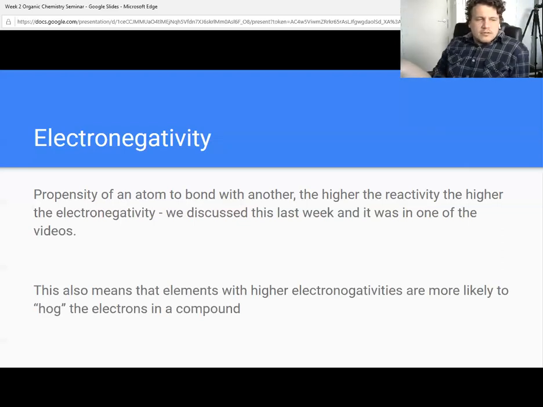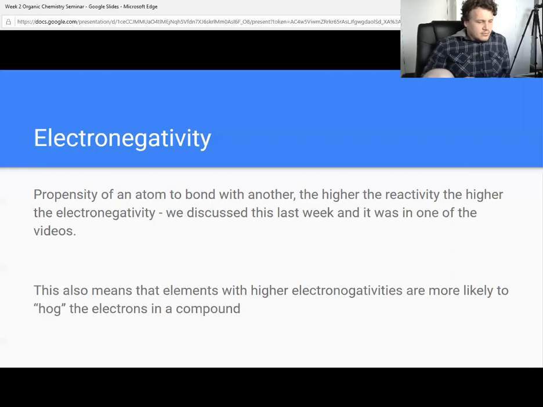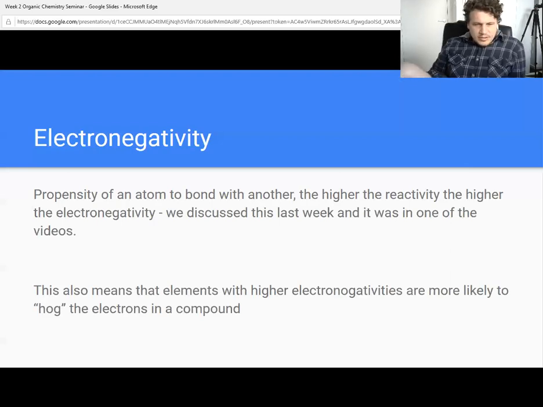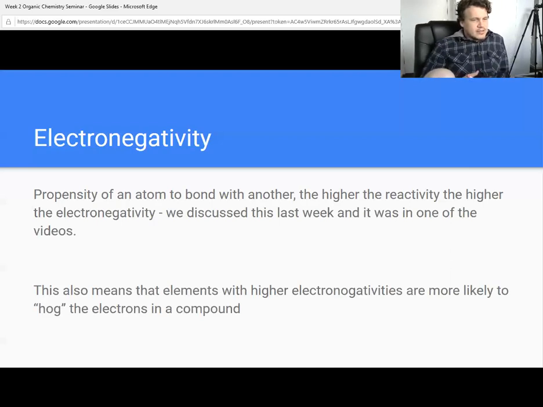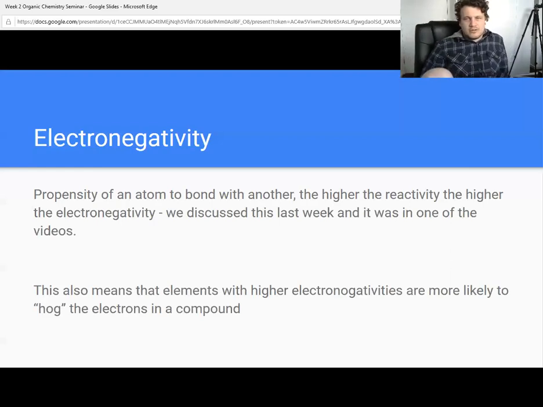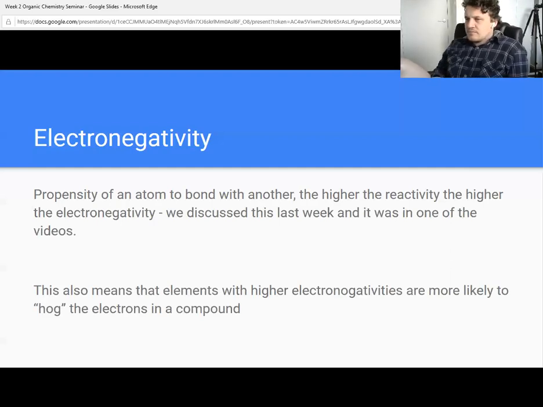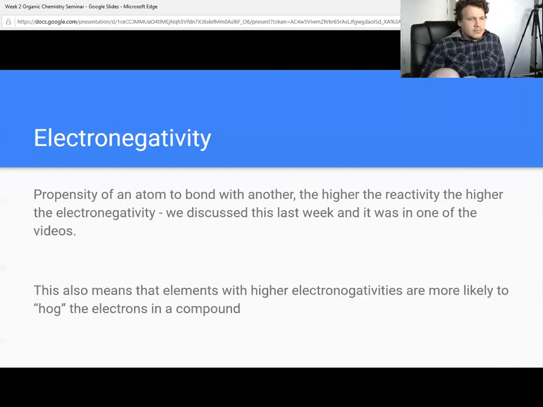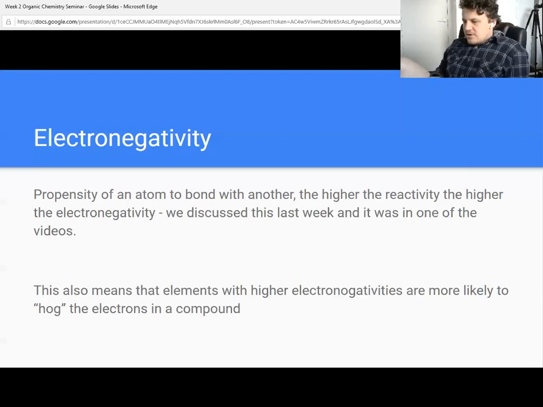So what this means in bonding is that the higher the electronegativity, the more likely that element in a compound will hog the electrons in that compound.